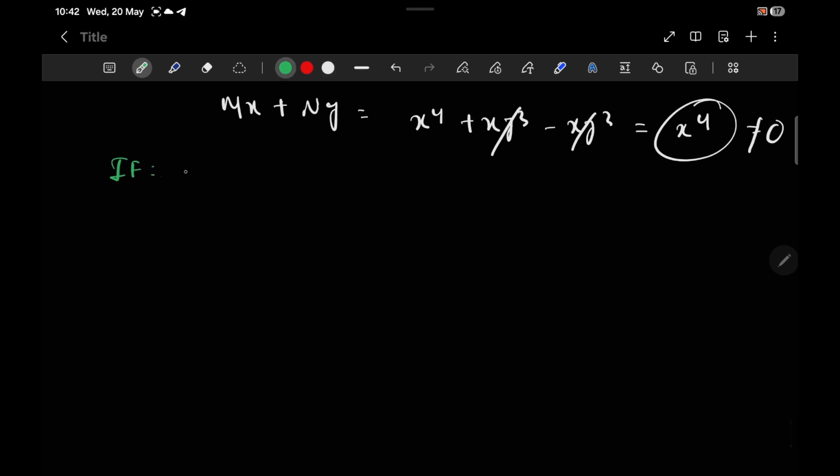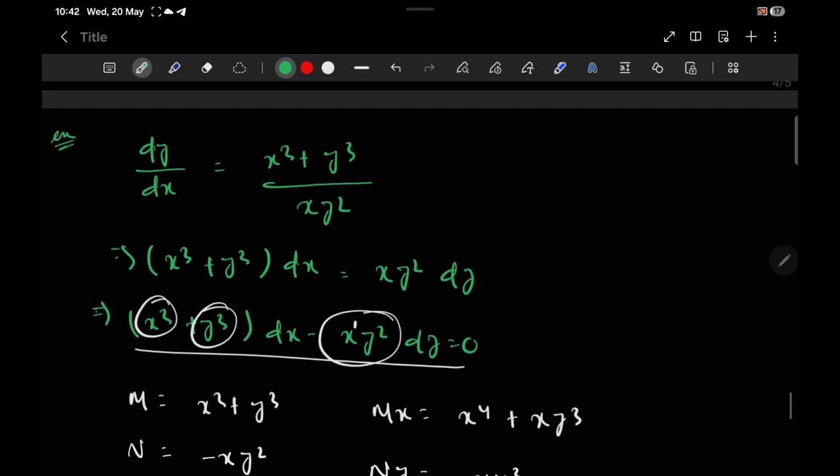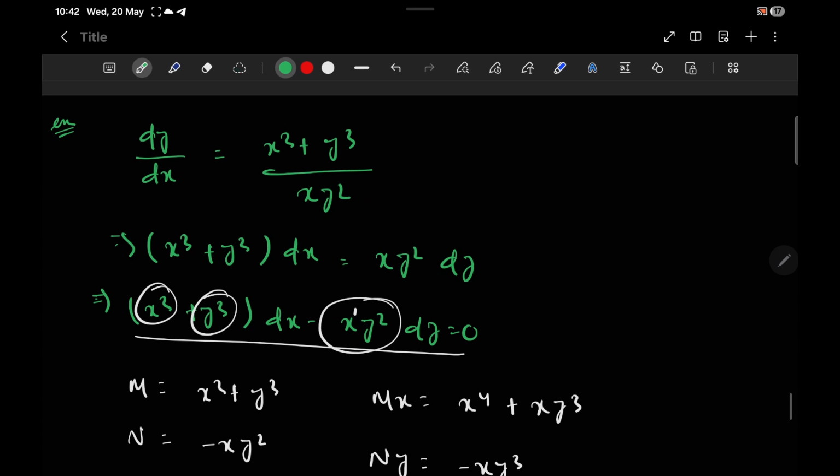So the integrating factor becomes 1 by Mx plus Ny, which is 1 by x^4. So multiplying 1 by x^4 with our original equation, let me copy this.